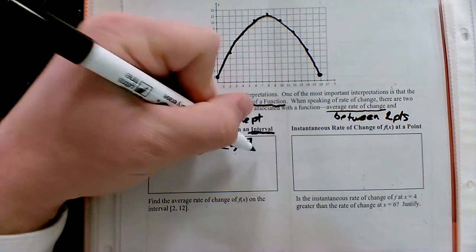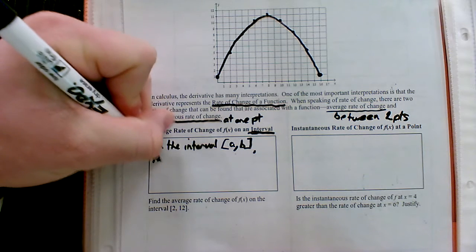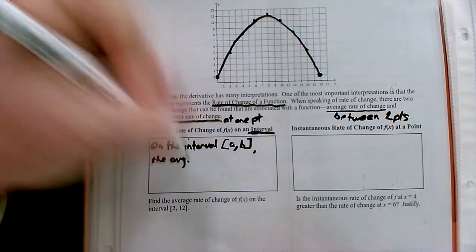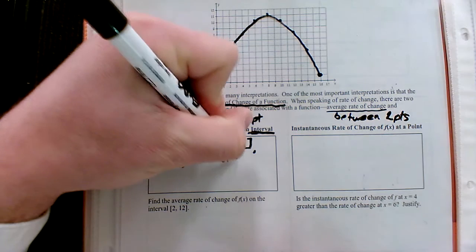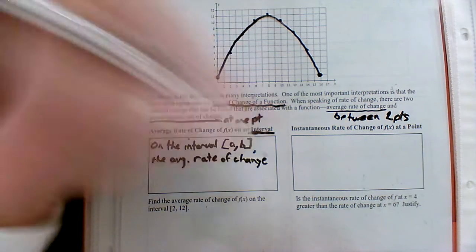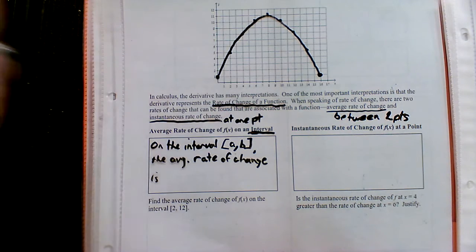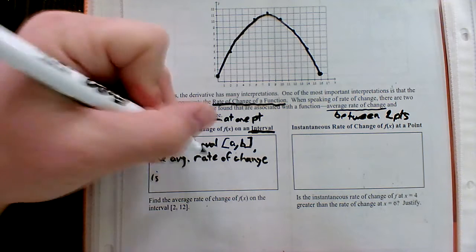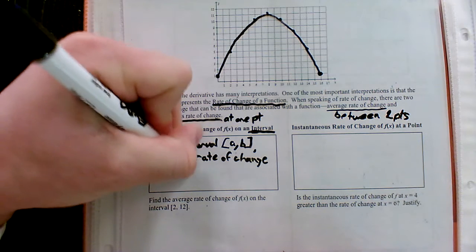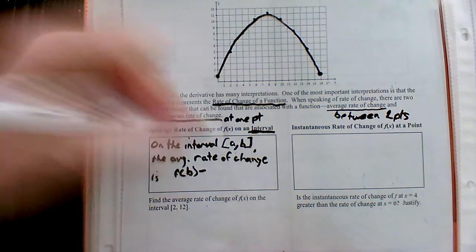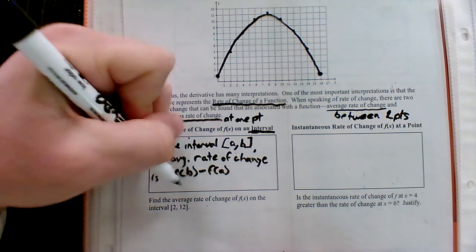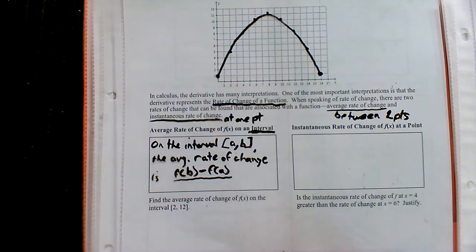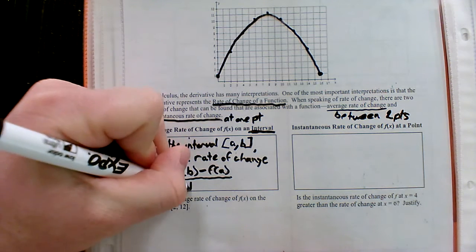So on the given interval, the average rate of change is f of b minus f of a divided by b minus a.